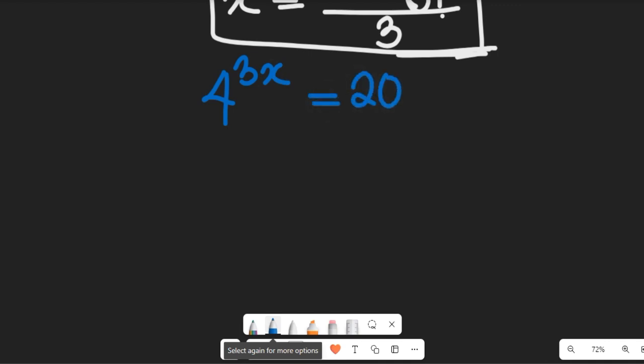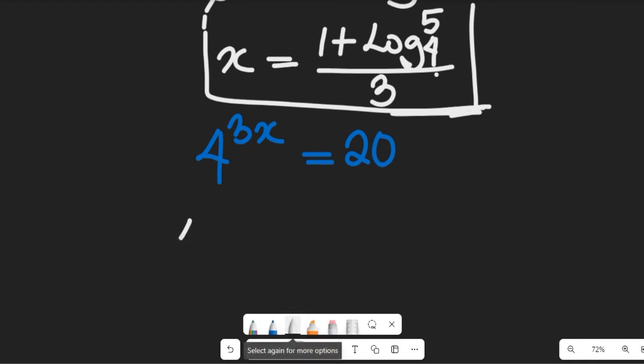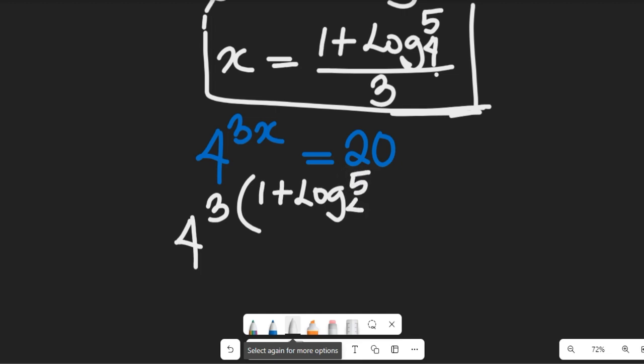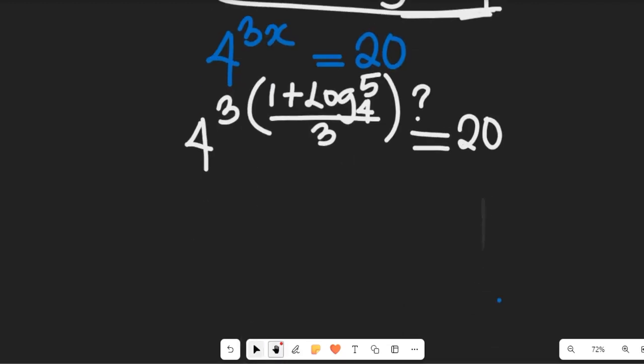So, if x is equal to the expression 1 plus log of 5 base 4 divided by 3, then we can have that expression be 4 to the power of 3 multiplied by 1 plus log of 5 base 4 divided by 3, and all of this, is it going to give us 20? That's a big question.